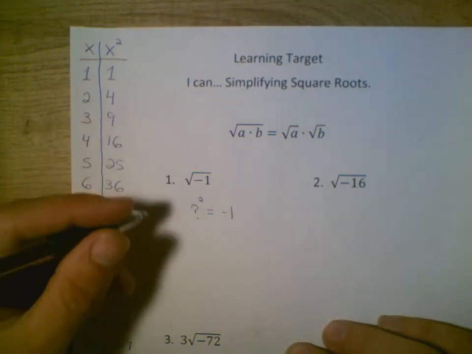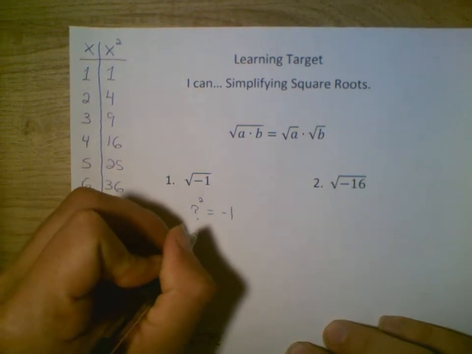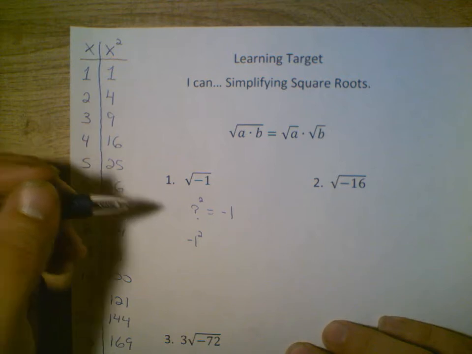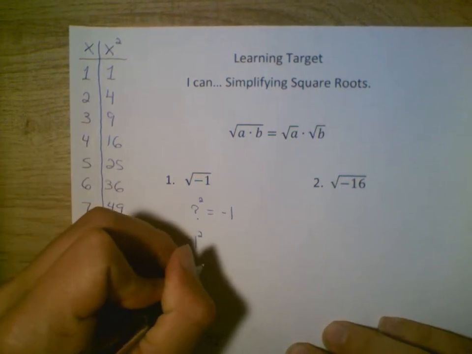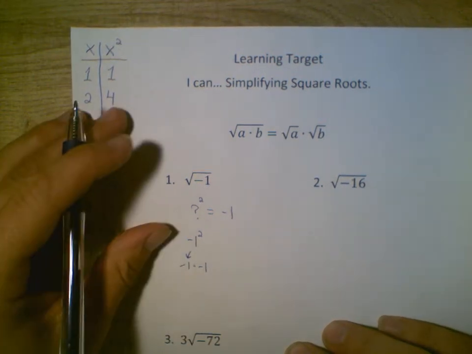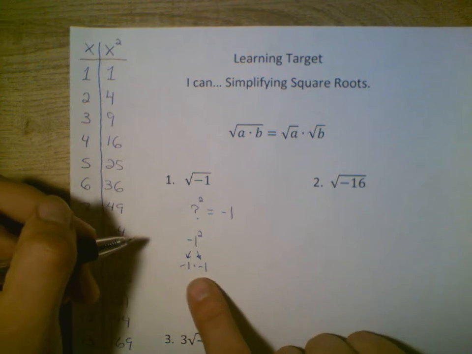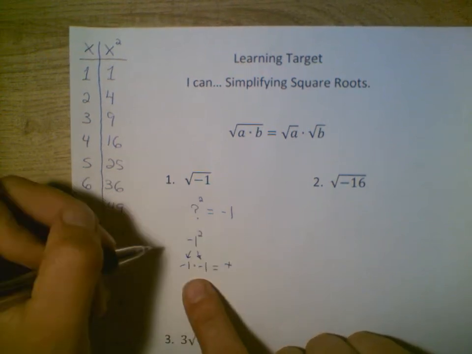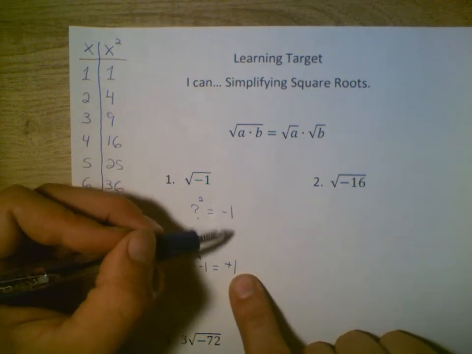You're probably thinking maybe -1 would work. Say we plug in -1 and square it. Well, (-1) squared is the same thing as -1 times -1, and negative times negative gives you positive, and 1 times 1 gives you 1. So you don't get -1, you get +1.